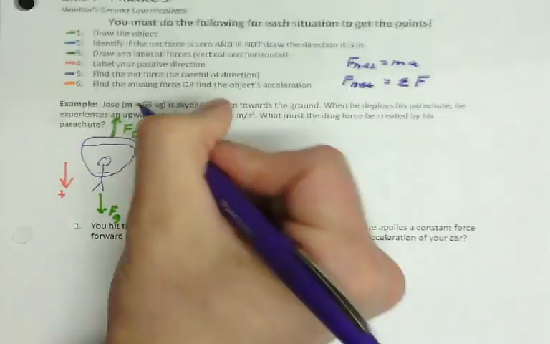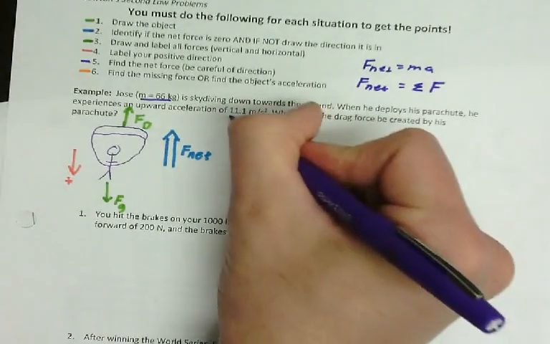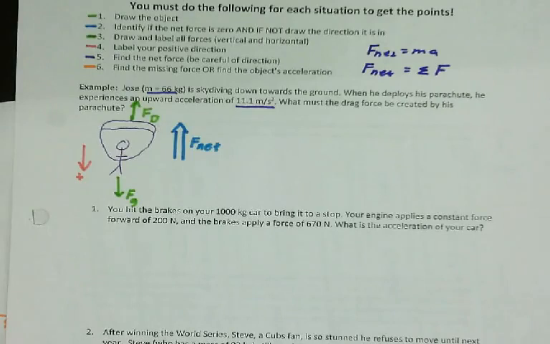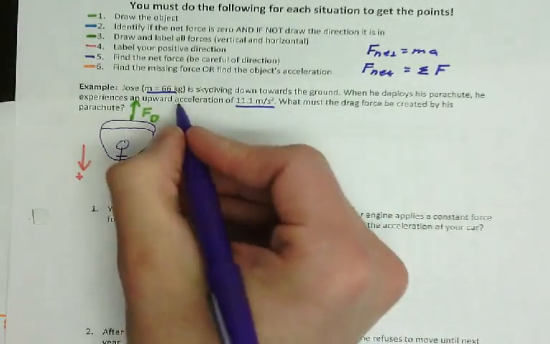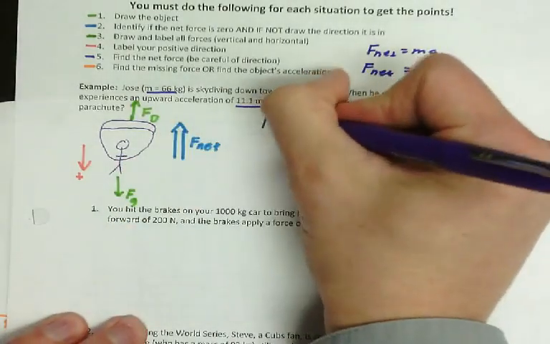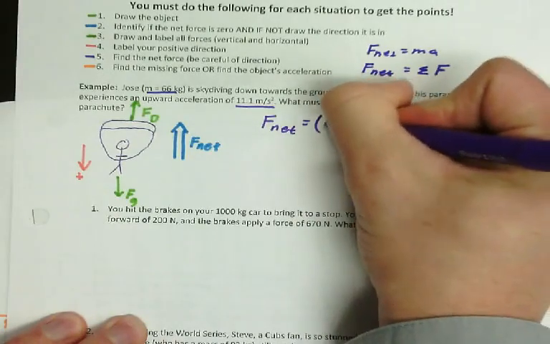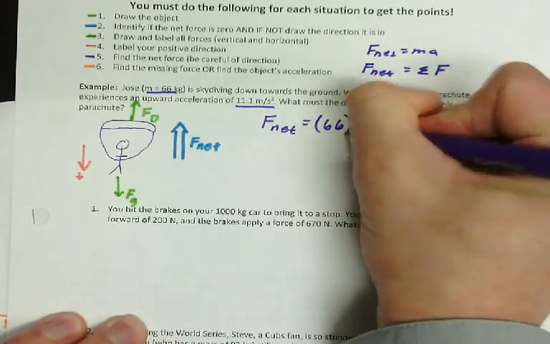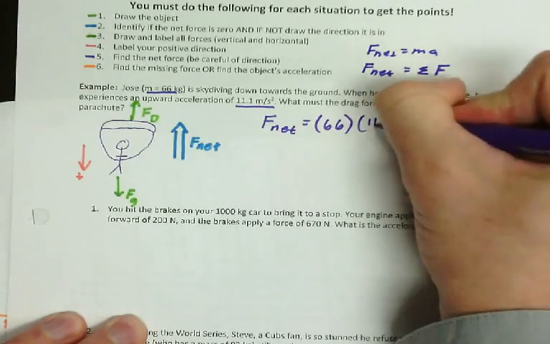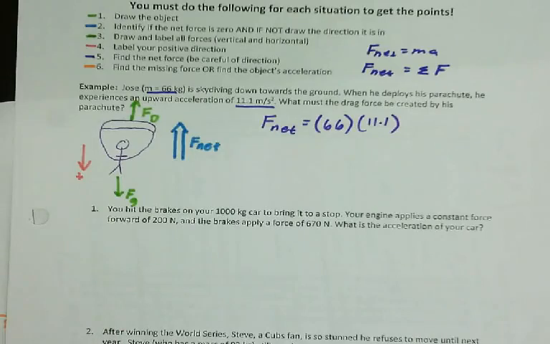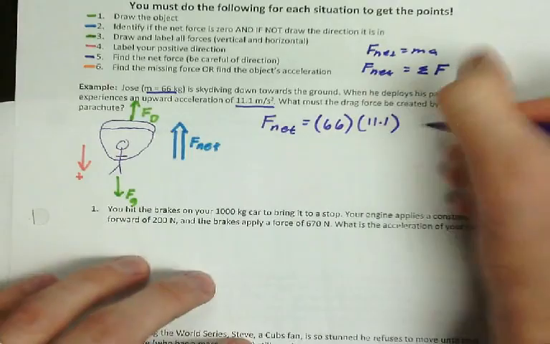I know the mass and I know the acceleration. Those are the only values that I'm given. I'm not given any forces. So I say to myself, if I need to find the net force, I'm going to have to use what I'm given. And so what I'm given is F net equals m, which is 66, times a, which is 11.1.